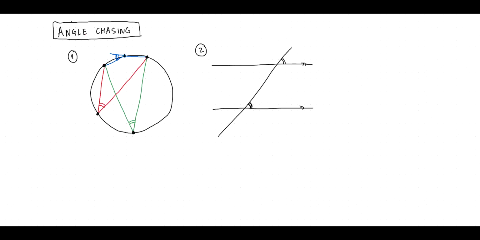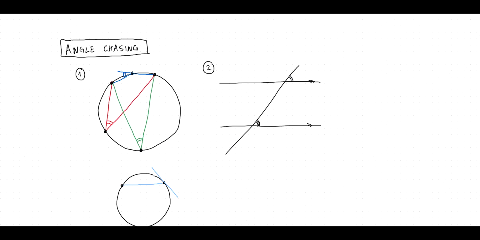It would be the angle that the second line makes with the tangent line at that point. Exactly. When you take this one, the line becomes a tangent line.